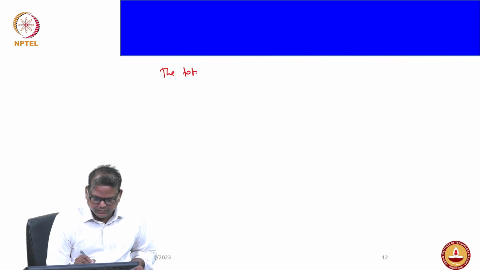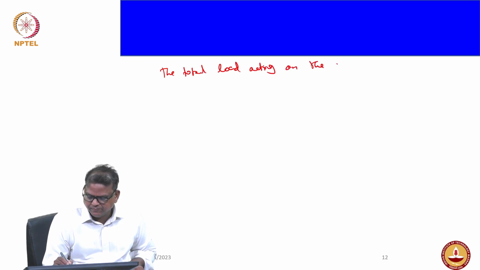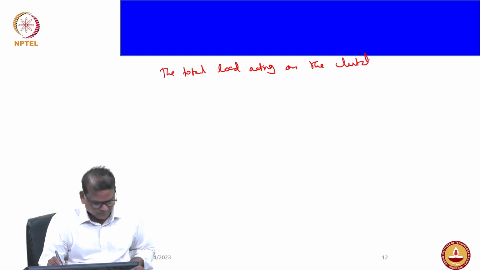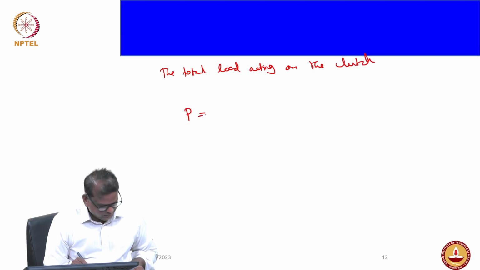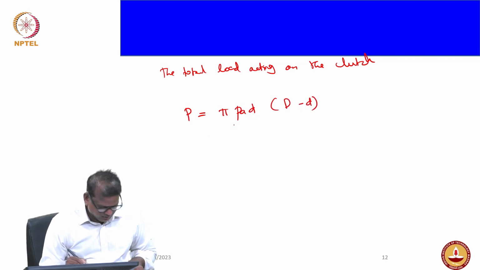The total load acting on the clutch, P equal to. So we know this equation, right?